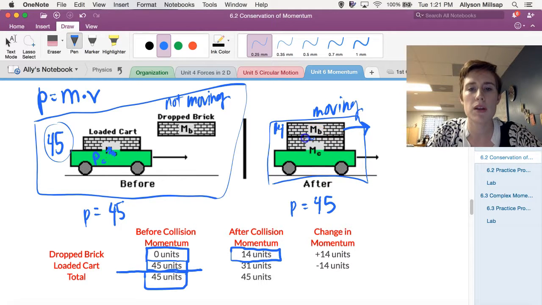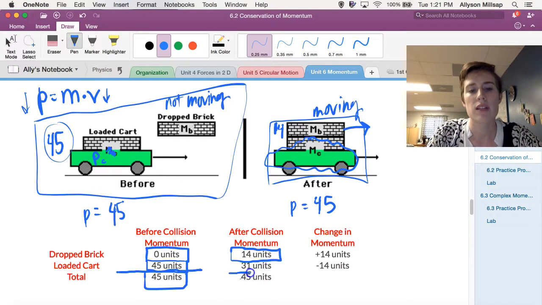Well, how do you know what the momentum is of this part right here, our original cart? Well, our original cart's going to slow down. So if it's slowing down, our momentum is also going to slow down, right? Because we know from that direct relationship that when velocity goes down, our momentum goes down.